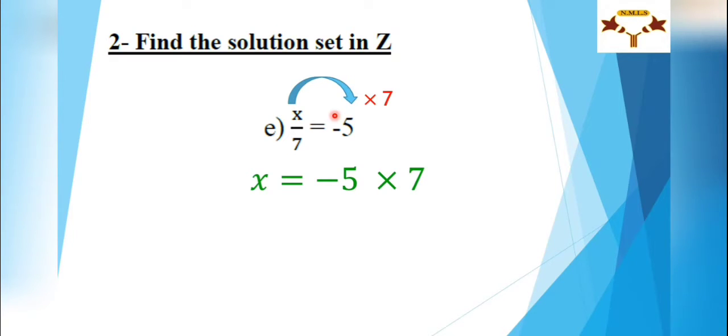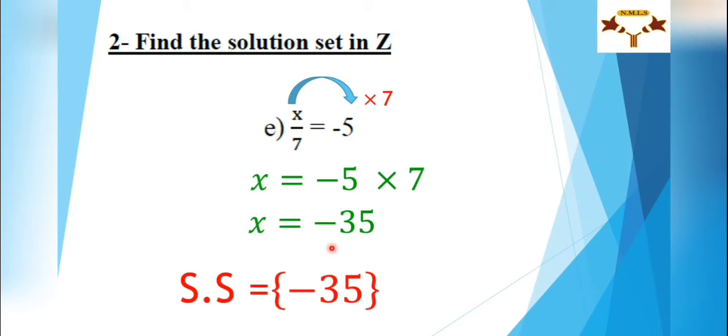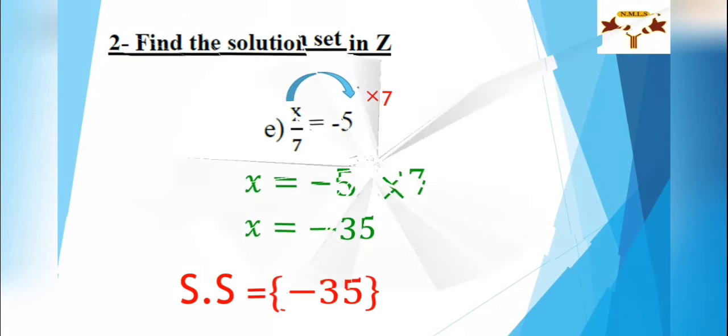So x equal negative 5 multiplied by 7, and x equals negative 35. So the solution set, negative 35, belongs to Z.